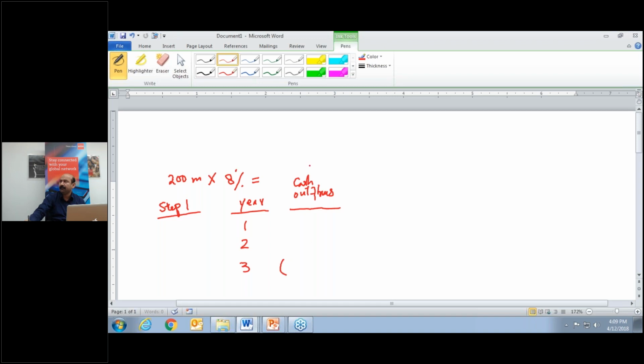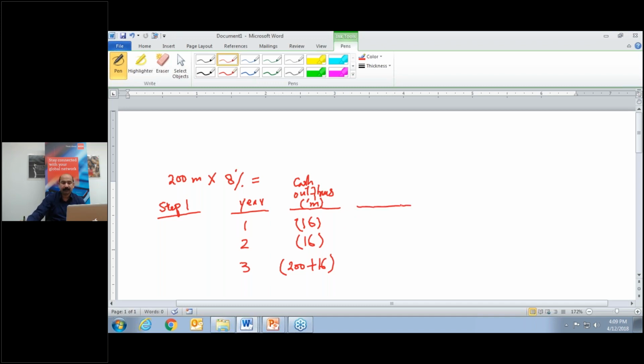So at the end of the year, this figure should be in million. So 200 into 0.08, this will give us 16. So we have here 16 outflow, and then 16 outflow, and in third year 200 plus 16. These are the cash outflows related to this instrument.